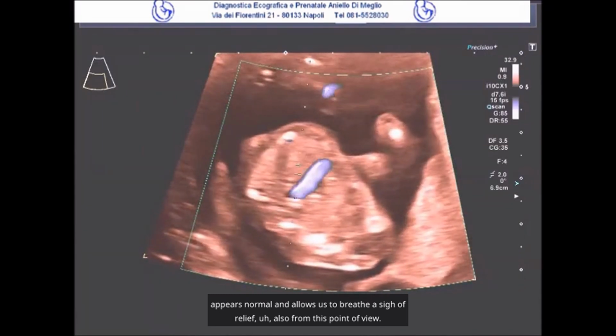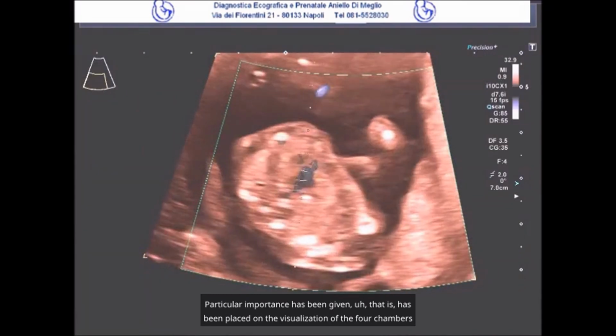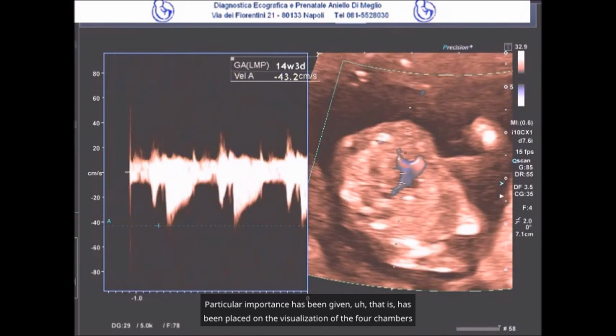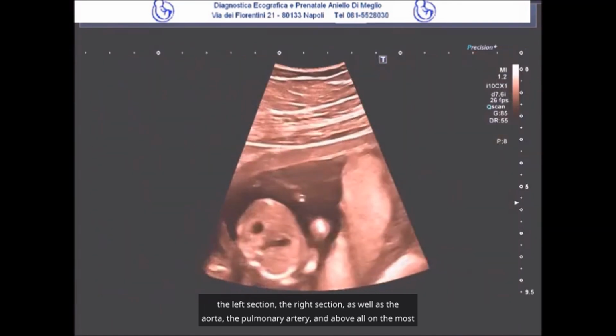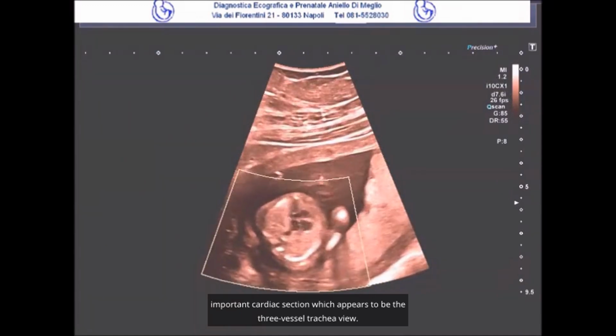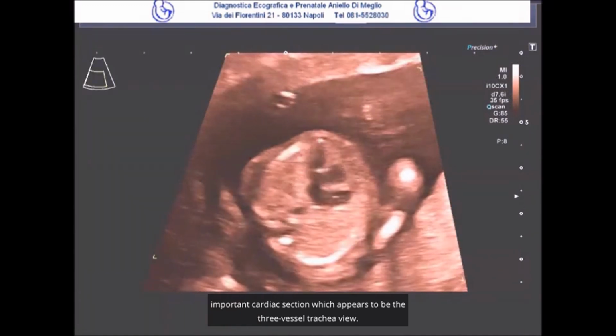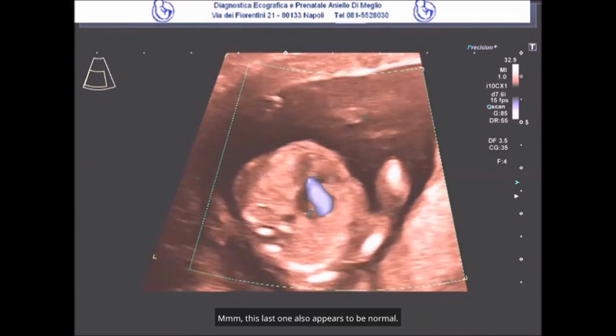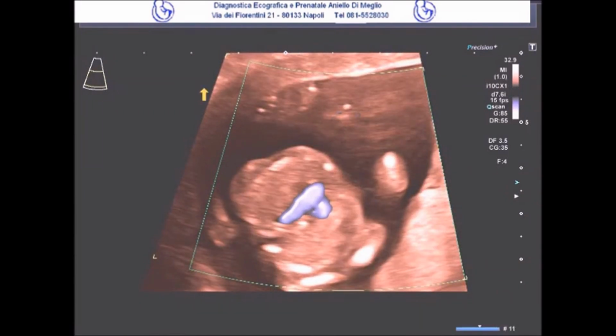Also from this point of view, particular importance has been placed on the visualization of the four chambers, the left section, the right section, as well as the aorta, the pulmonary artery, and above all on the most important cardiac section, which appears to be the three-vessel trachea view. This last one also appears to be normal.